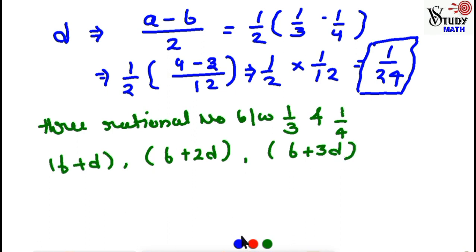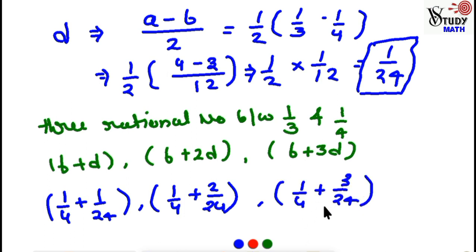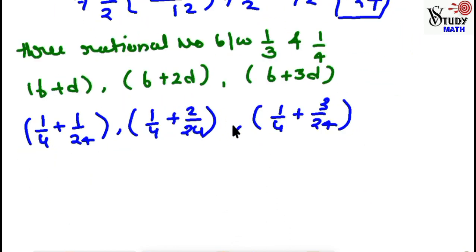Now the value of B is here 1/4 plus 1/24, small bracket close; 1/4 plus double of 1/24; third rational number 1/4 plus triple of 1/24. Now solve this.